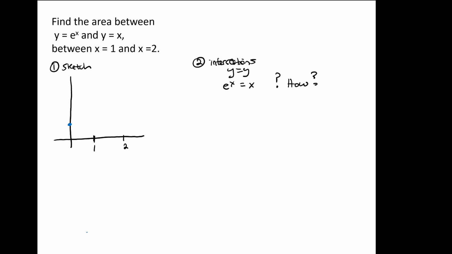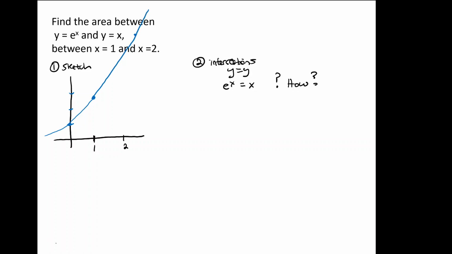When x is 1, the y value is e. So that's 1, that's 2, that's 3, so it's a little bit below there. So let's say 2.7. Next it's 2, e to the 2, so 2.7 times 2.7, it's up here. So it's going to have this type of a shape. Doesn't have to be perfect.